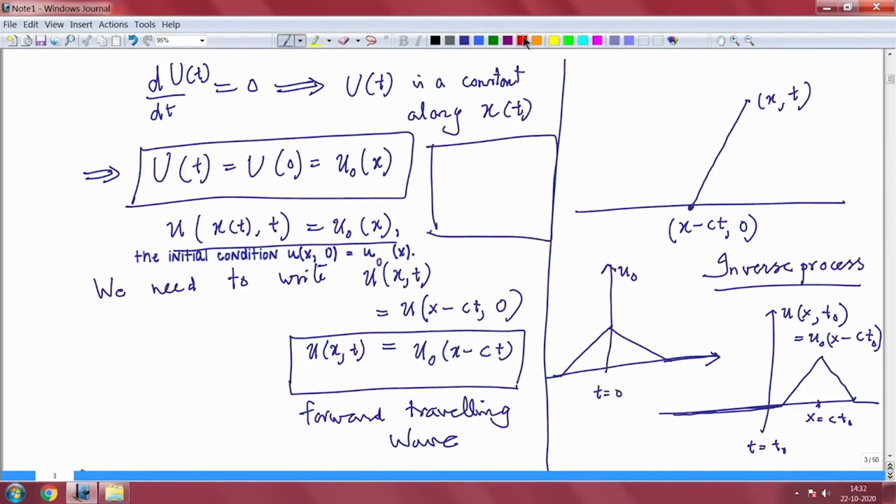This is my initial value. So, I am solving a problem u t plus c u x equal to 0, and then u at x, 0 is equal to u naught of x. So, the initial value problem is given.